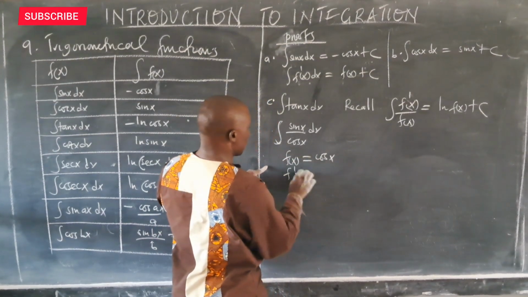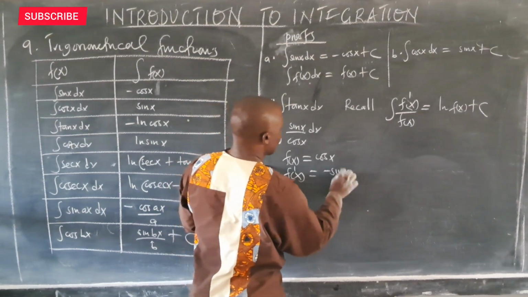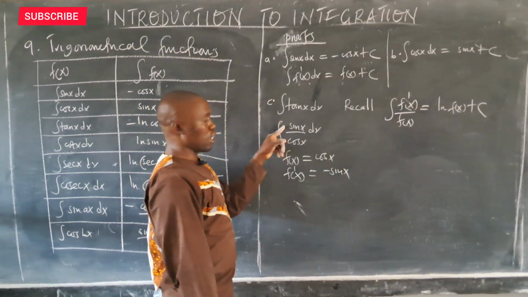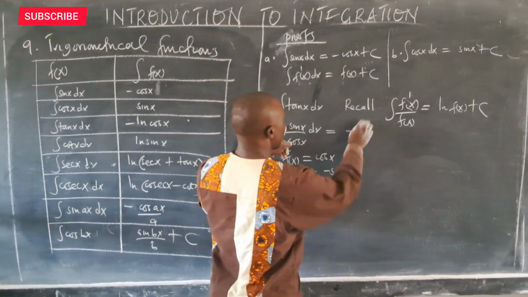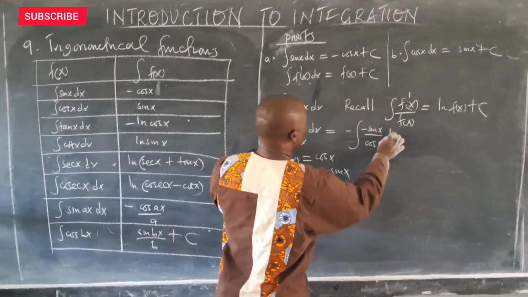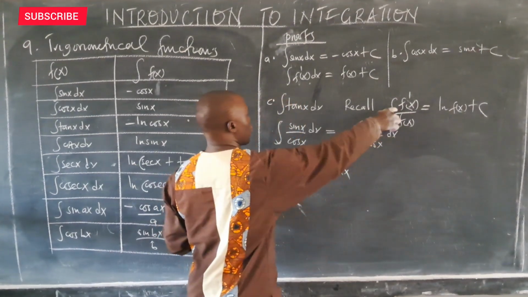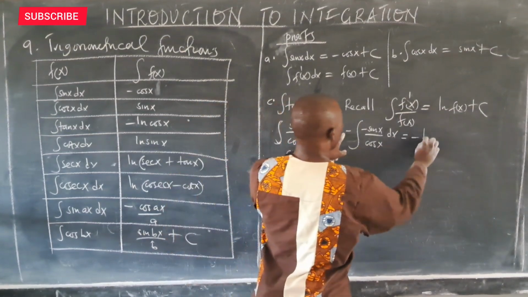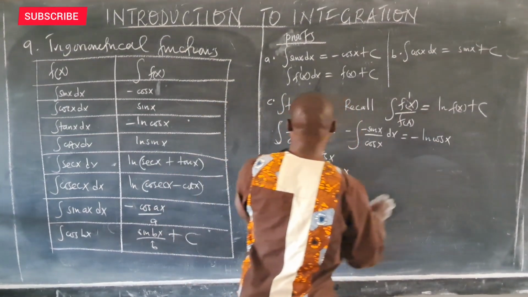Its derivative is negative sine x, but there is no negative here. So this can be rearranged as negative into negative sine x out of cos x. So this is in agreement with that, so we shall have negative ln cos x.